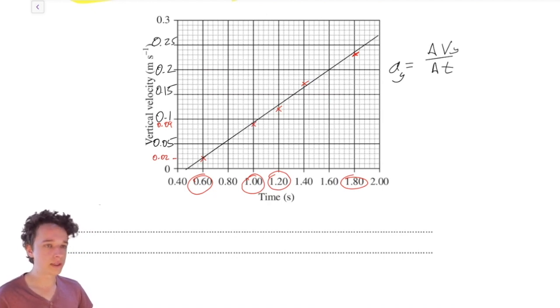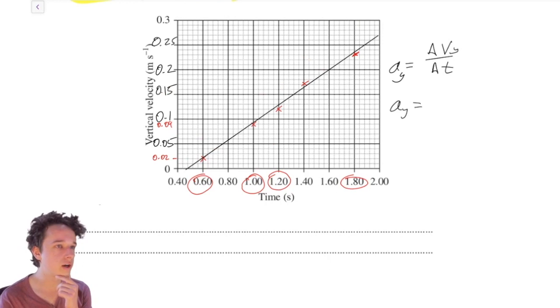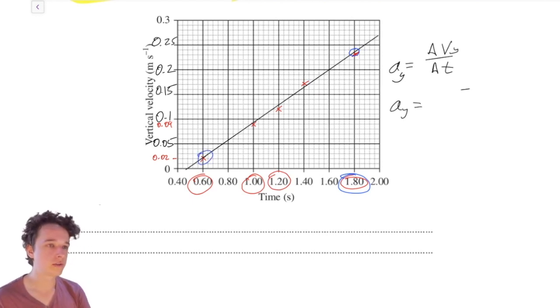So here we're just going to find the rise over run of this line of best fit. We need to select 2 points with clear values. I would say that 0.235 is 1 point here, and that corresponds to 1.8. And 0.02 corresponds with this 0.6. Using those 2 points, we're just going to find the rise over run.